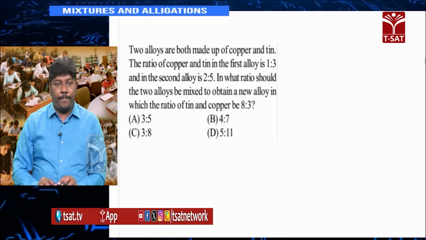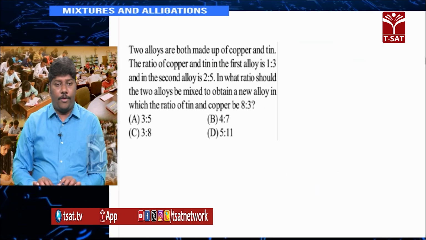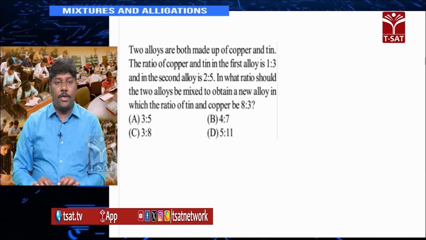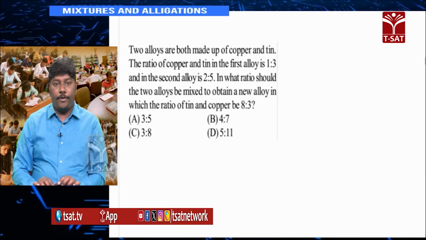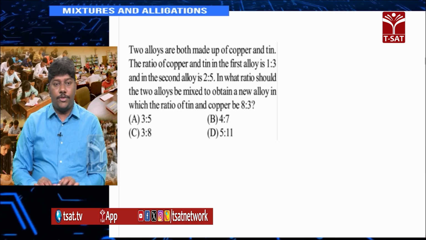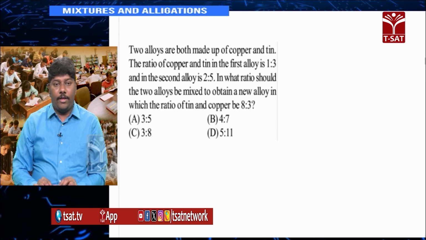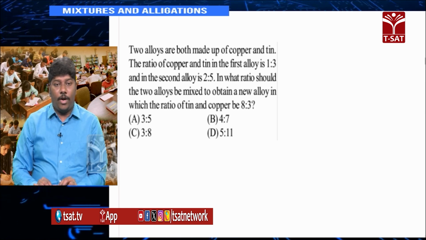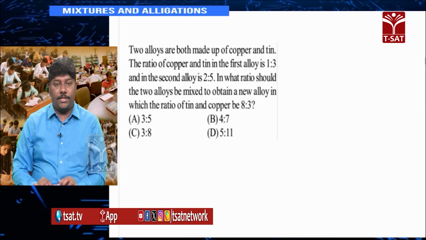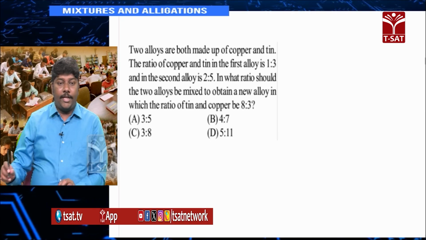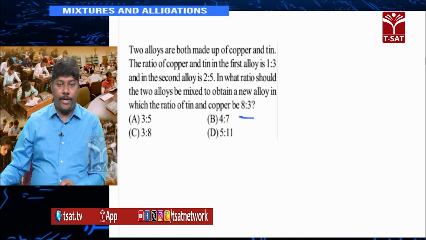Now look at this one, a typical form of mixtures and alligations. Two alloys are both made up of copper and tin. The ratio of copper and tin in the first alloy is 1:3, second alloy is 2:5. In what ratio should the two alloys be mixed to obtain the new alloy in which tin and copper are in the ratio 8:3?